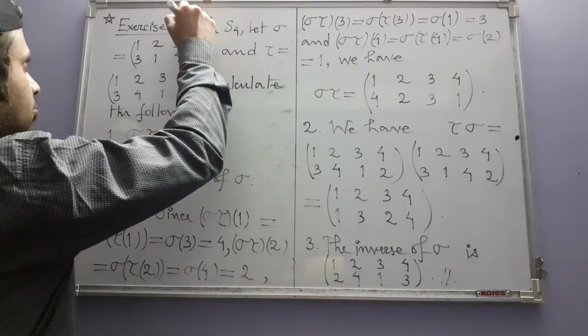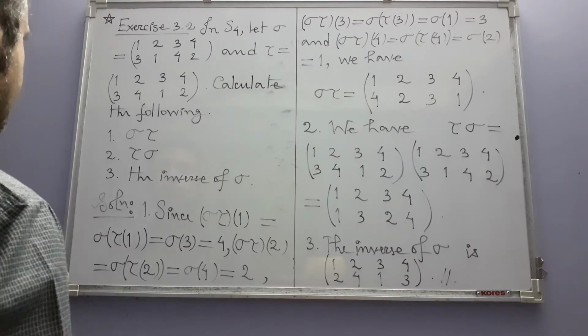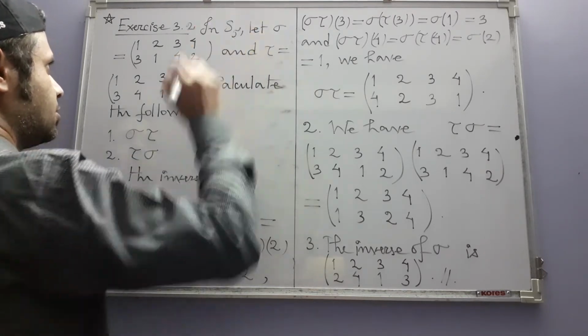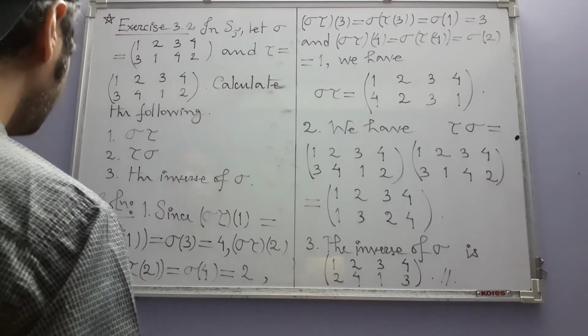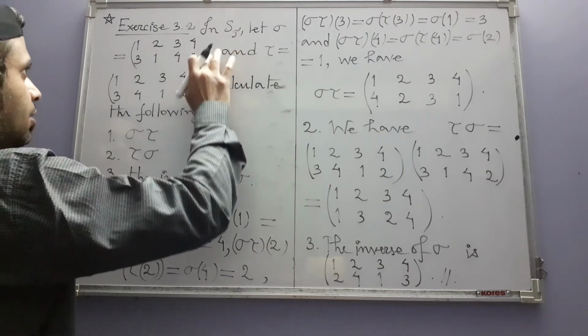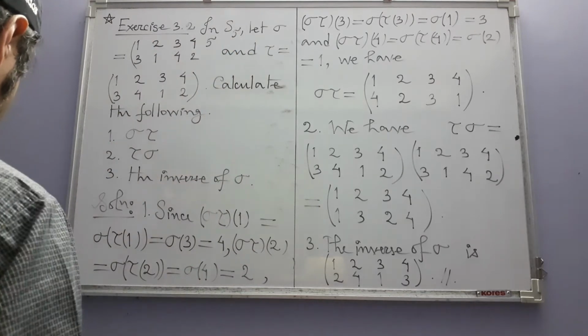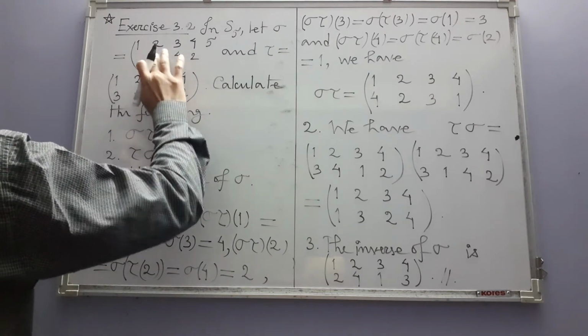Then exercise 2. It is similar. Instead of S4 we now have S5, and here there will be one more column in these symbols, and these of course will change.